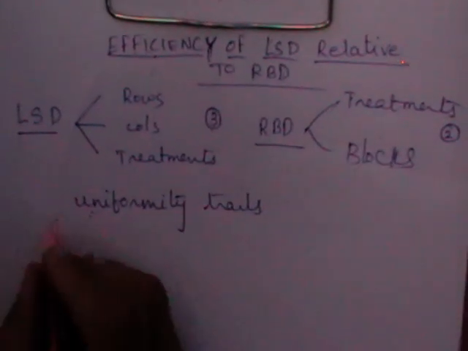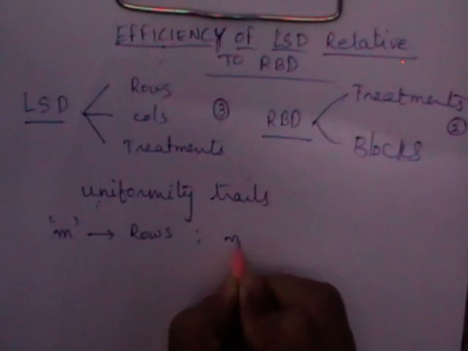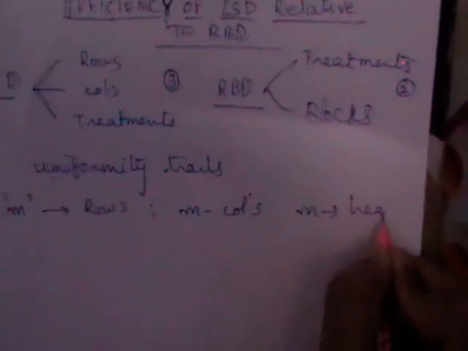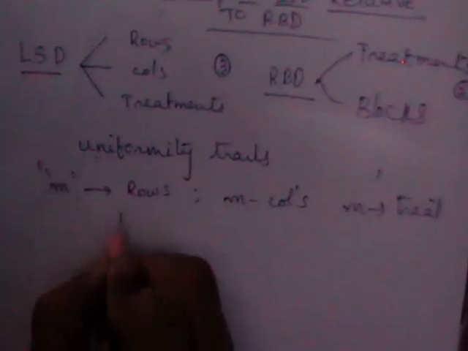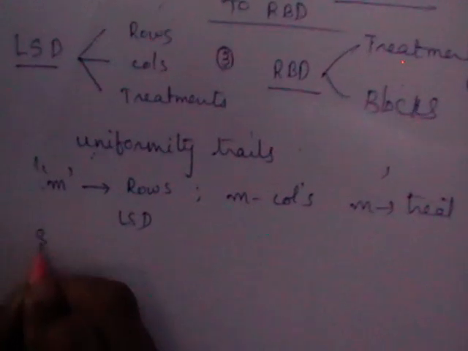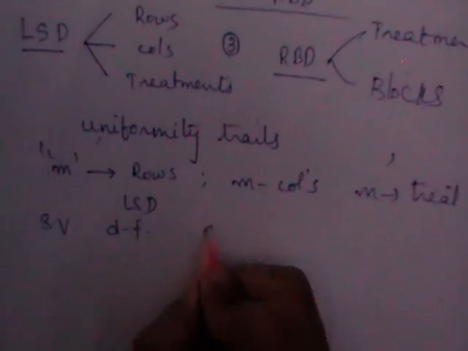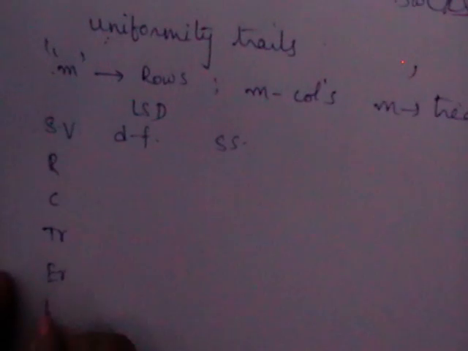Generally, if you consider an M by M Latin square design, you have M rows, M columns, M treatments. All are equal here. So you know that under LSD, the ANOVA has source of variation, degrees of freedom and sum of squares. You have rows, columns, treatments, error and total.